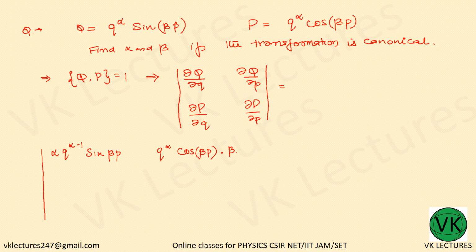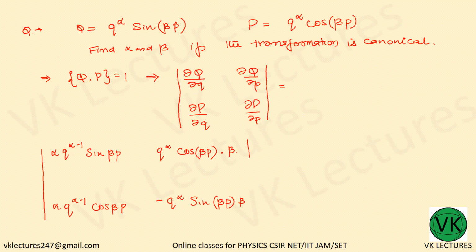Now again ∂P/∂q, that is again alpha q to the power alpha minus 1 cos beta p. Here it is q to the power alpha cos, with you have a minus sign, so sine beta p times beta.